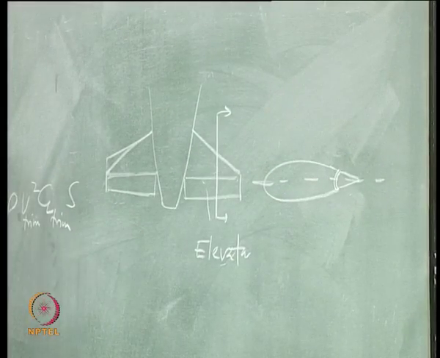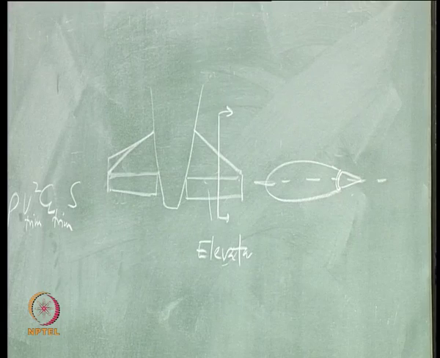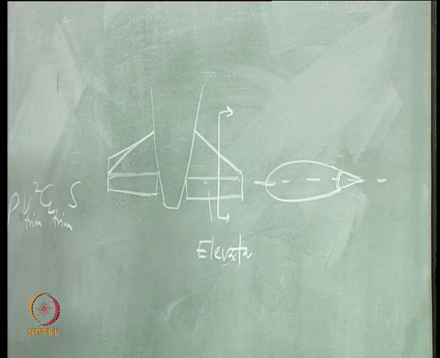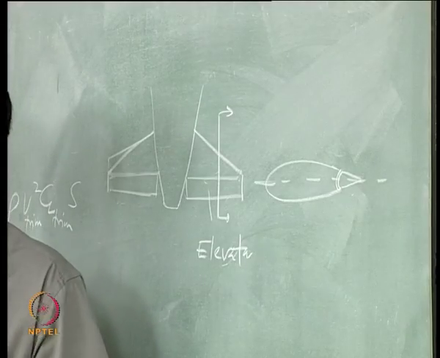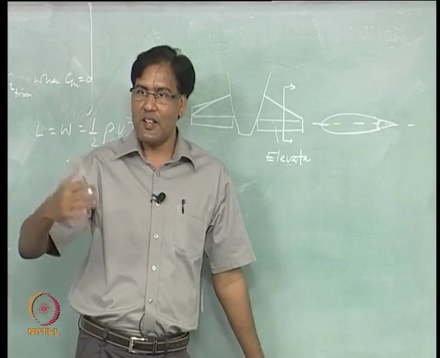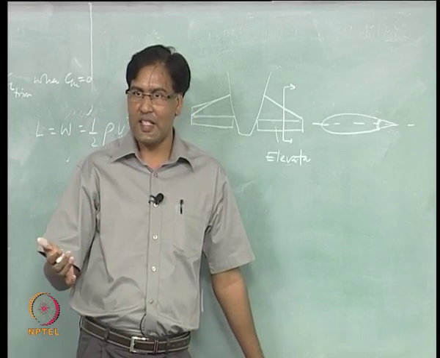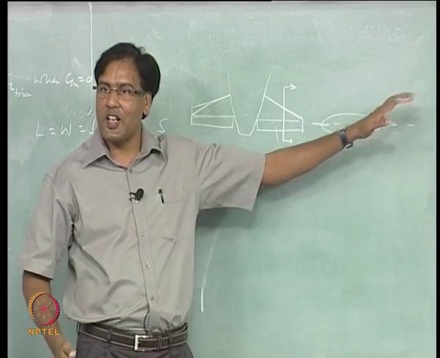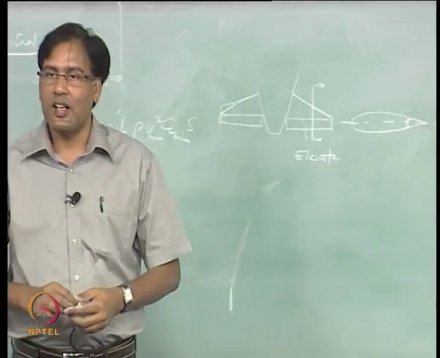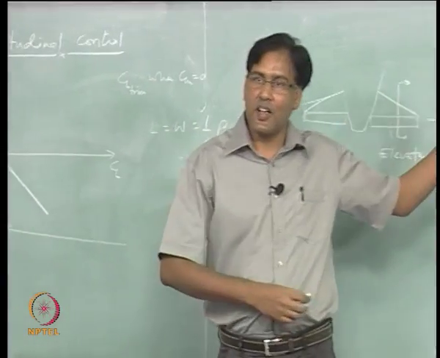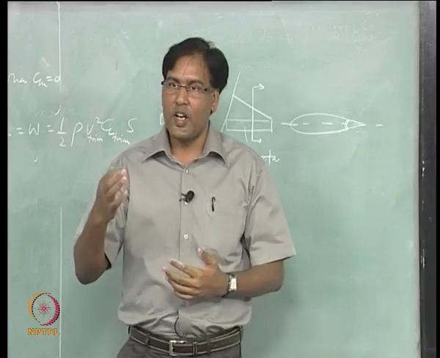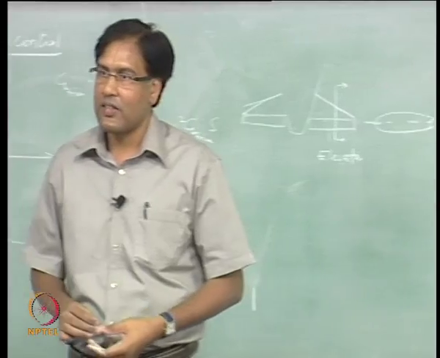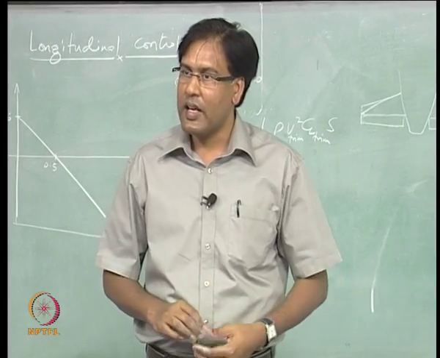So, you deflect it, what is it going to do if you deflect it? Now, moment will come later, right, moment is because of something else. So, right now each section of the horizontal tail is an airfoil which is symmetric, right.